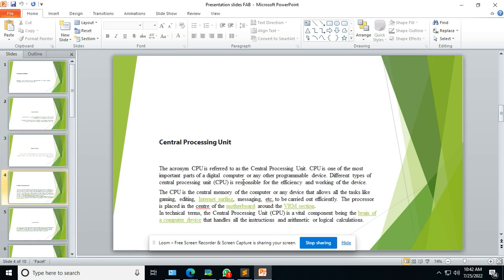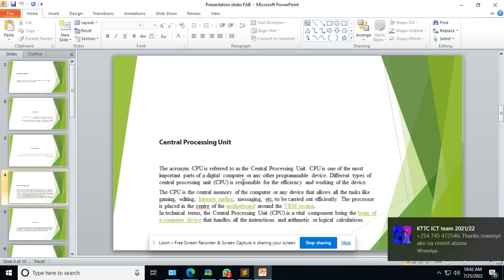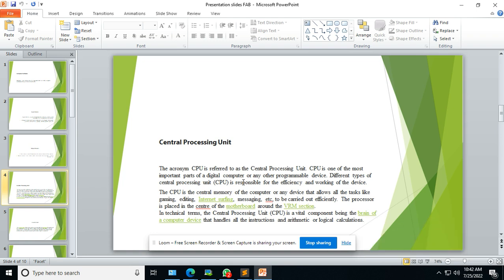We have the central processing unit. This is another hardware device in a computer. The central processing unit is the central memory of a computer or any device that allows all tasks like gaming, editing, messaging, and so on. This processor is placed around the center of the motherboard, around the VRM, if you know the VRM section.